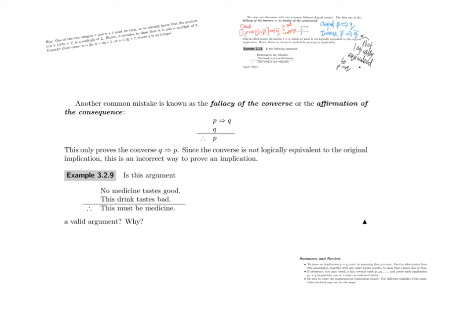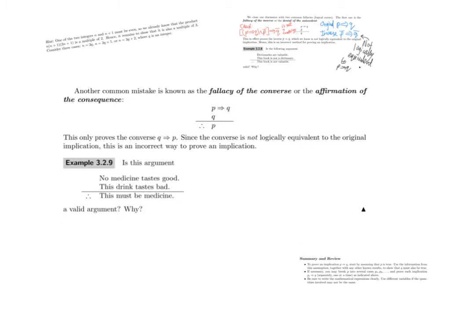which is the fallacy of the converse, or the affirmation of the consequent. This form is: assume that if P then Q is true, assume that Q is true, which already seems very fishy, and then you conclude that P is true. Again, this is using a faulty logical structure.